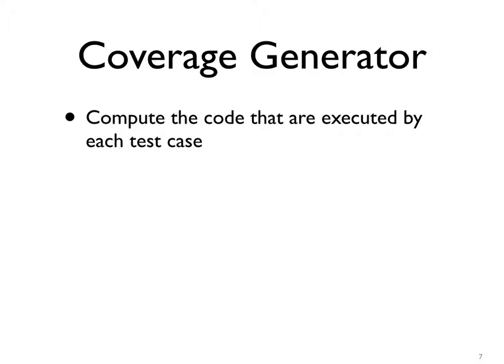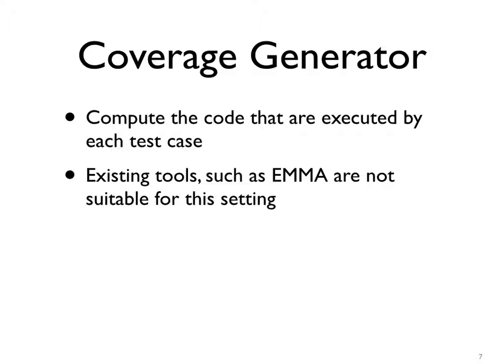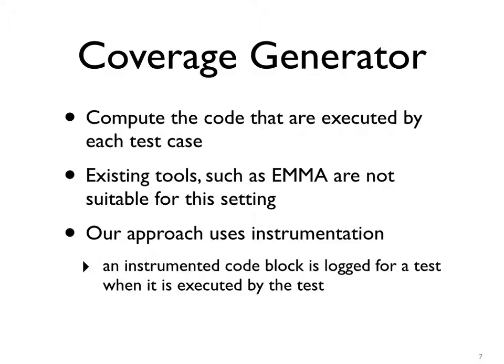Coverage generator computes the code that is executed by each test case. Existing tools such as Emma are very useful and popular, but they do not provide coverage information for each test case when a set of test cases is executed at one time, and thus are not suitable for this setting. Our approach uses instrumentation. It instruments each code block so that an instrumented code block is logged for a test when it is executed by that test.